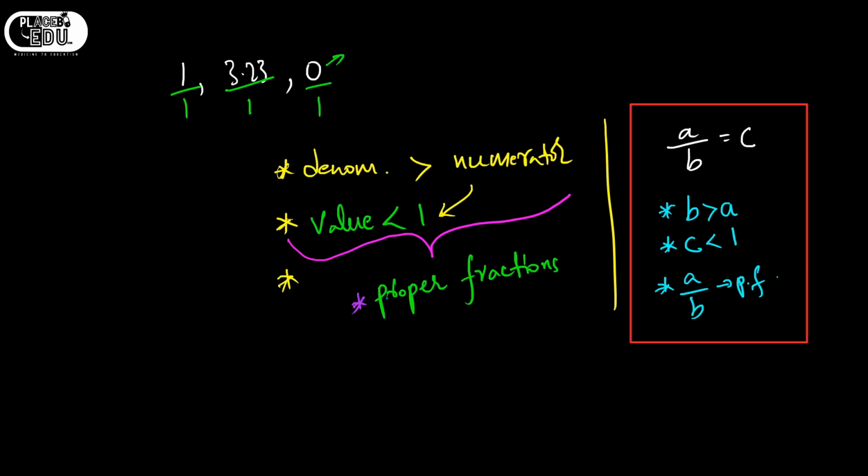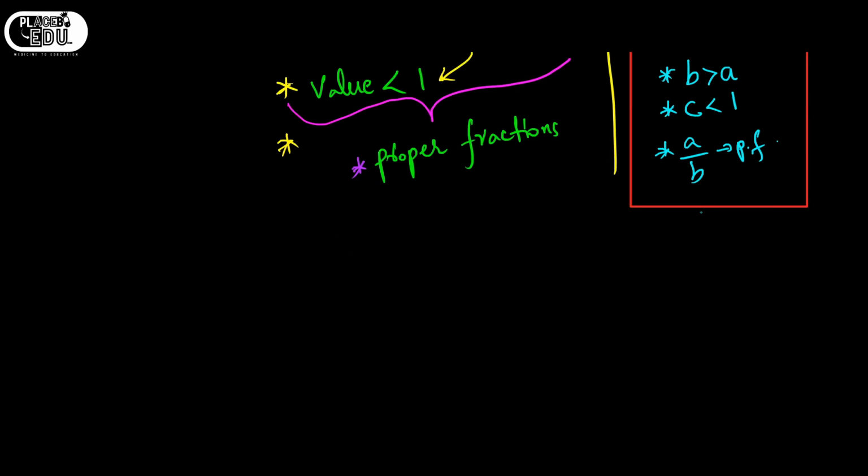Understood? And another conclusion from the same formula is a by b is equal to c, as I have told you, right? If a is constant, b increases, then c will decrease.